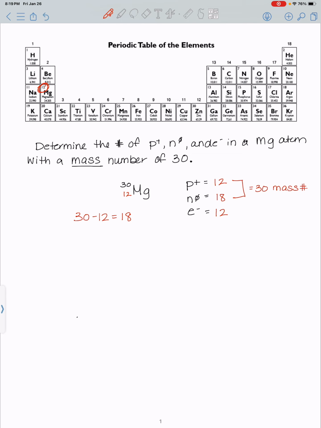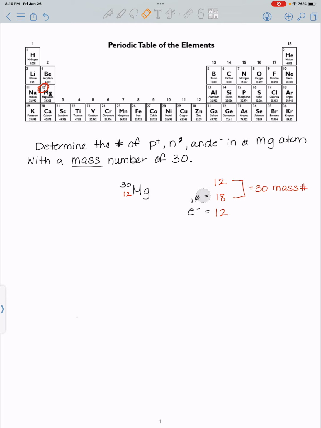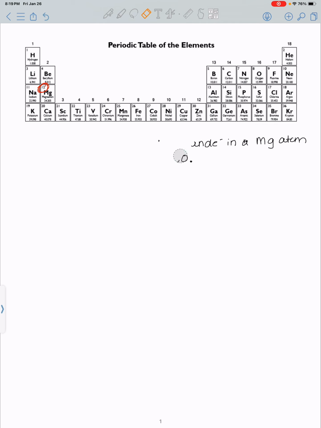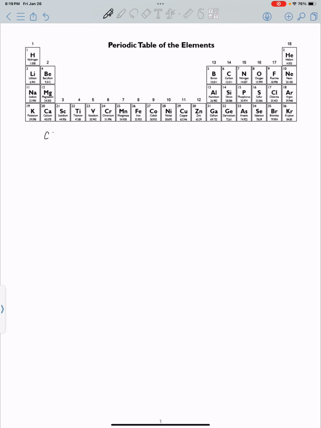Okay, not so bad. So now let's do an example where we're doing the same thing, but with a charged element. We talked about ionic bonds and covalent bonds, and what they meant. A covalent bond means they're sharing electrons.